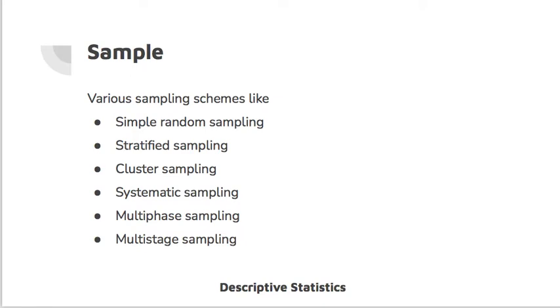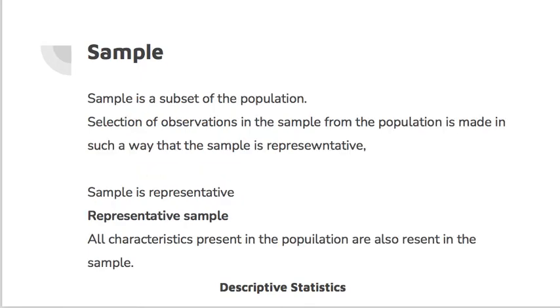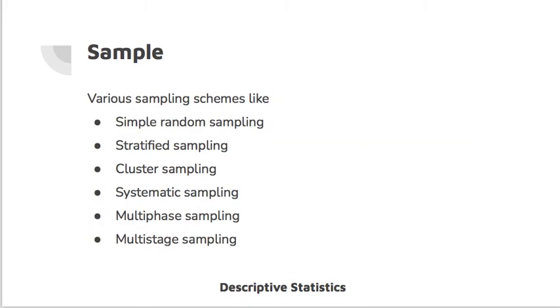This sampling technique will help you reduce the burden of collecting data from the whole population. It ensures that all characteristics present in the population are also present in the sample. That's why it is a representative sample.